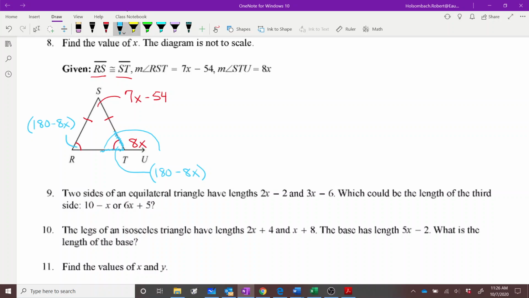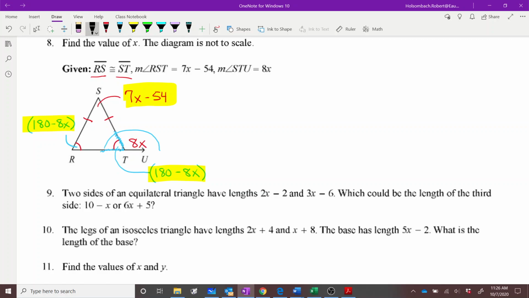Which means that these three have to add up to 180 degrees. So we're going to write an equation.